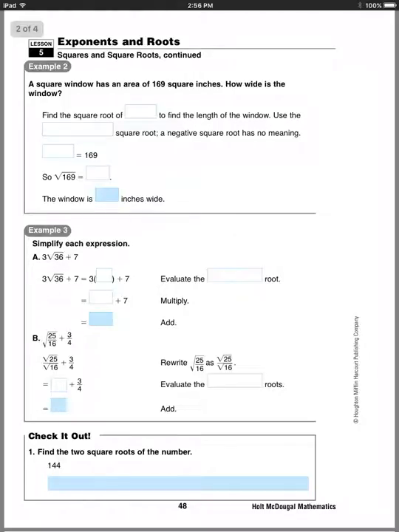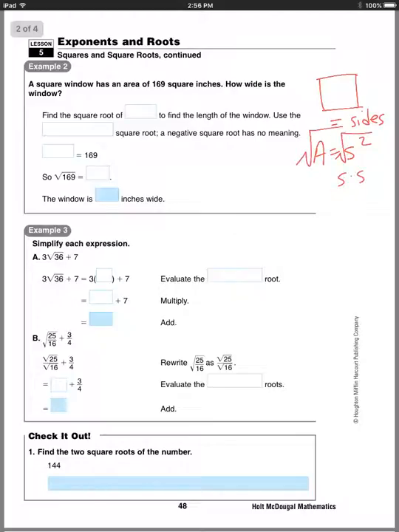A square window has an area of 169 square inches. How wide is the window? Now remember, a square has equal sides, okay? And to find the area of a window, we do side squared, which is side times side, or length times width. So, in order to undo a square, we take the square root of it, okay?